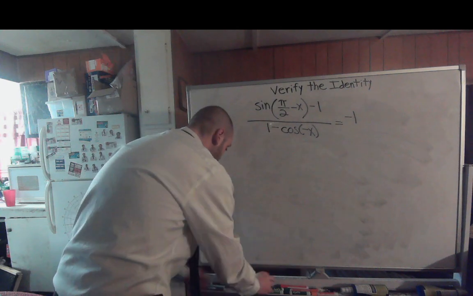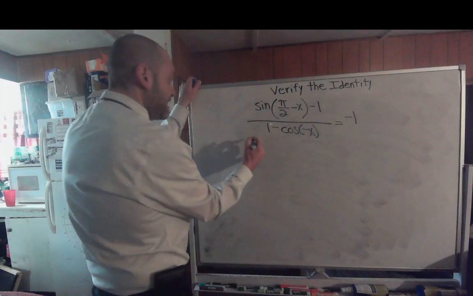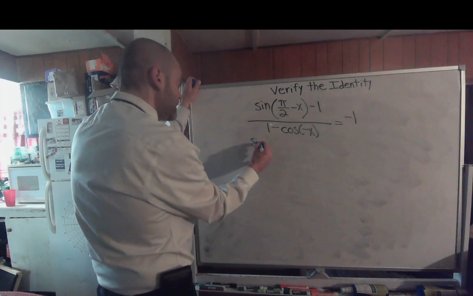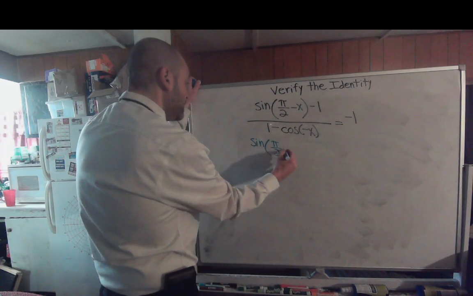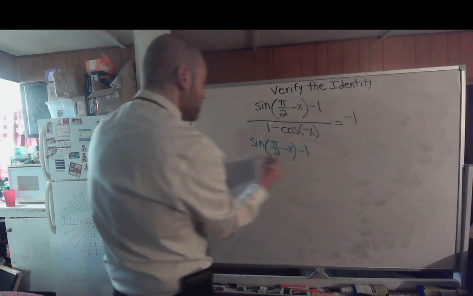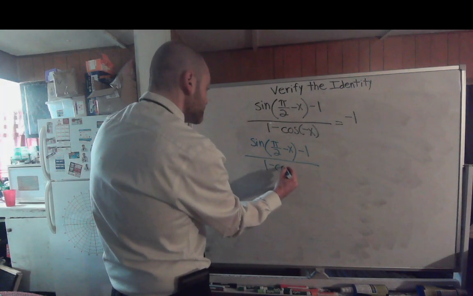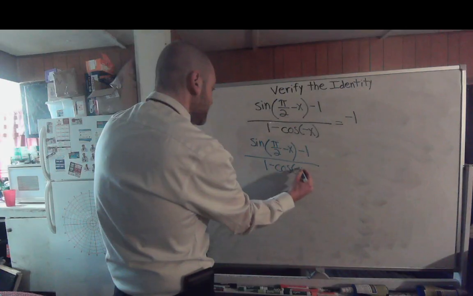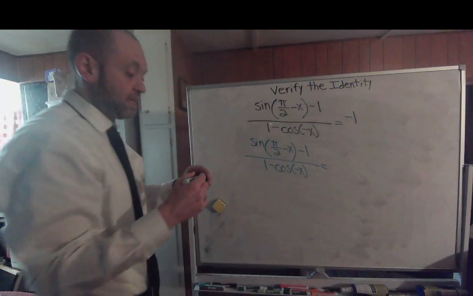Alright, so let's write out our left-hand side again. So this would be sine of the quantity of pi over 2 minus x minus 1 all over 1 minus the cosine of negative x equals, let's simplify the left-hand side here.